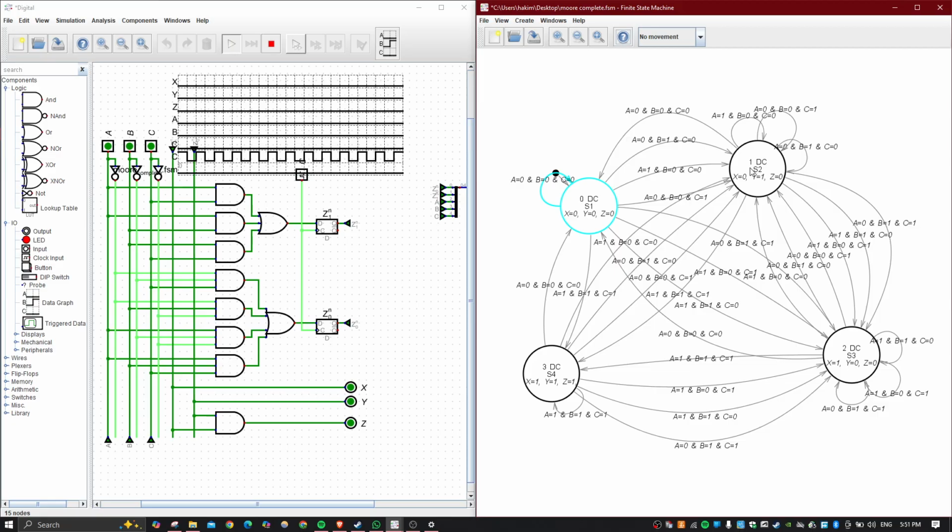For the second state, the unsafe level, x equals 0, y equals 1, z equals 0. Then x equals 1, y equals 0, z equals 0 for the dangerous state. And lastly, x equals 1, y equals 1, and z equals 1 for the deadly state.